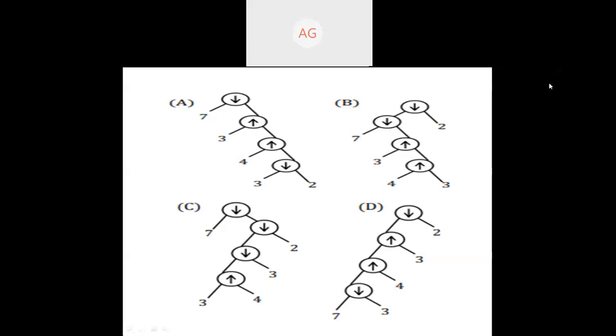Okay, so now you all understand which of these parse trees is the answer for the expression. The B parse tree is correct.